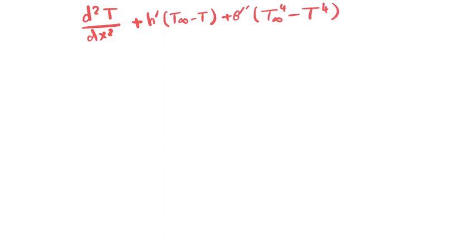So now you have this extra component that makes the expression no longer linear, right? Because you have this as a function of the temperature to the 4th power, right? And this is equal to 0. So this becomes your second order differential equation that you need to solve.